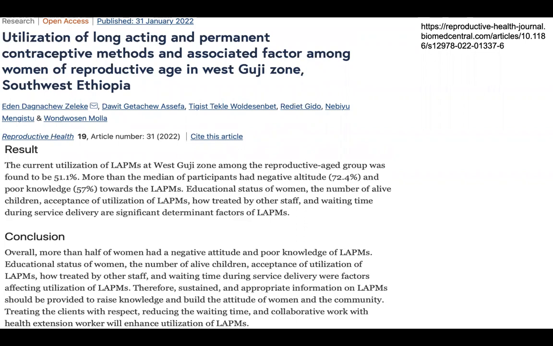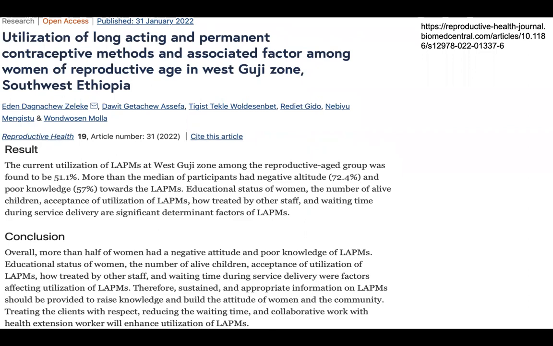Educational status of women, the number of alive children, acceptance of utilization of long-acting permanent method, how they were treated by staff, and waiting time during service delivery are significant determinant factors of long-acting permanent methods.